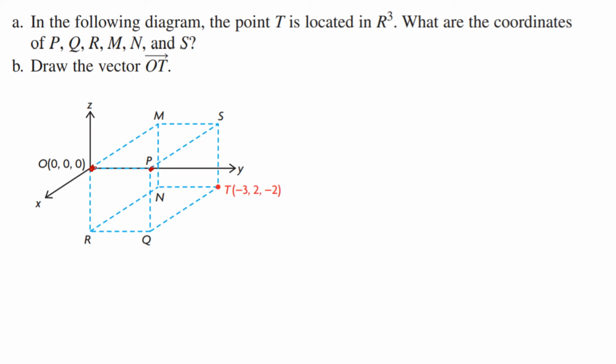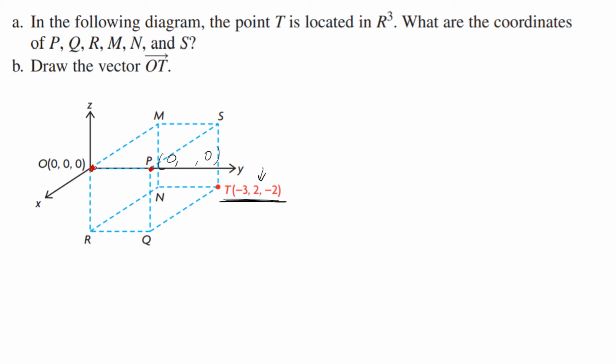So for P, I know because it's located on the y-axis, the rest of the components are going to be 0. So I will have a 0 for X, and I will also have a 0 for the Z-axis as well. But I need to figure out what my Y is, what is the value for that. Well, if you look at the T given to us, at this point, my Y component is at 2.